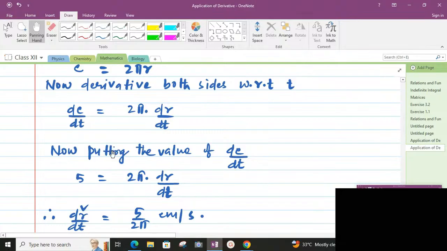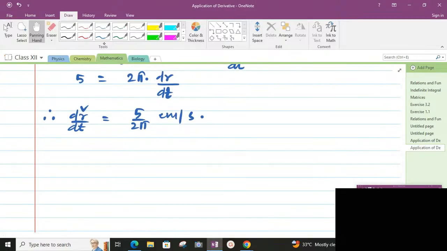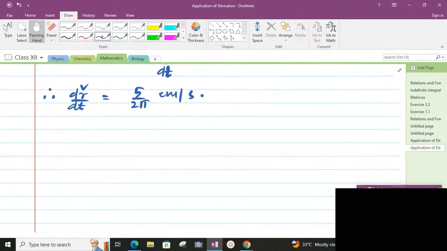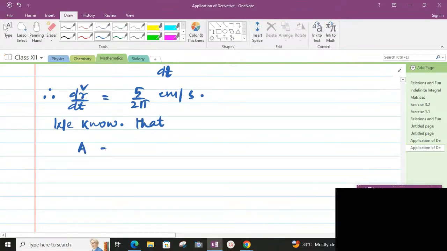Now we recall the area of the circle. We know that A equal to pi r square.